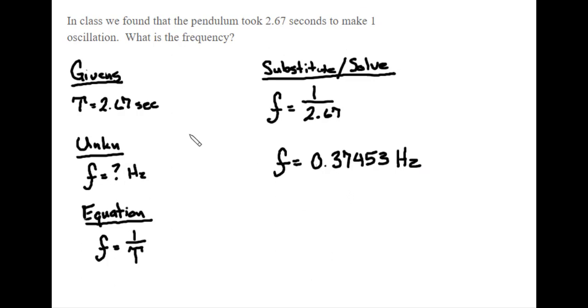So I'm almost done. Now the last step, I can clean it up and apply significant figures. And if I look here, I have 3 sig figs, so I'm going to respond with 3 significant figures.